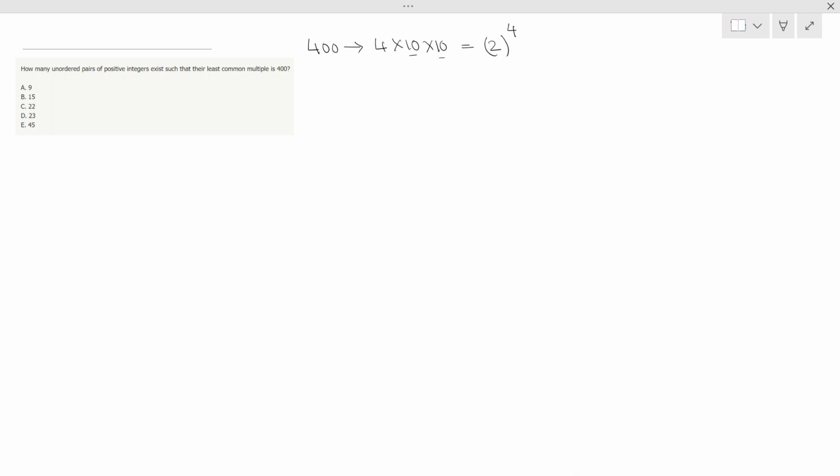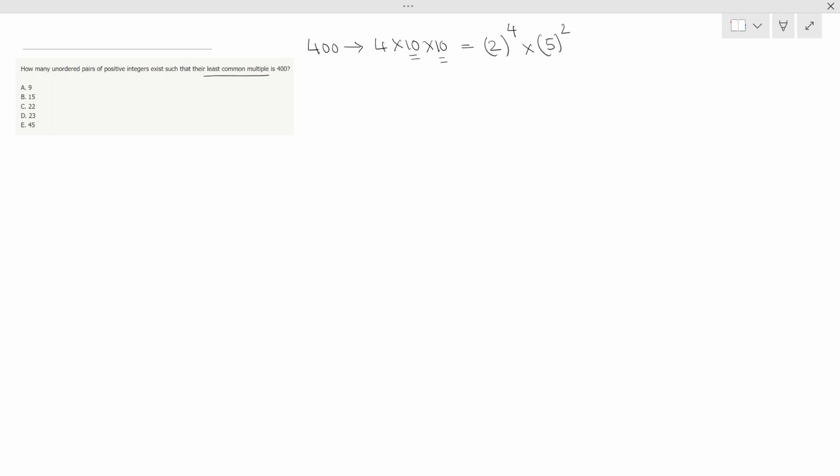In other words, 2 has a power of 4 in 400, and 5 has a power of 2, each 5 being a part of a 10. So in a nutshell, 400 can be represented as 2 raised to the power of 4 and 5 square.